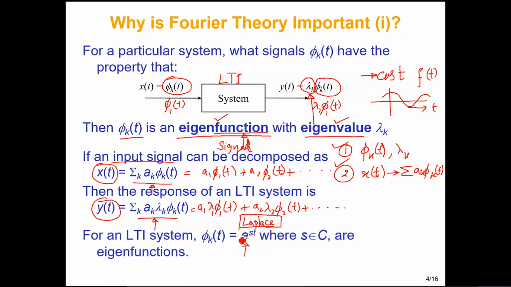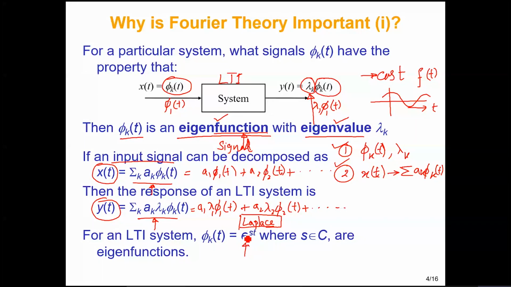So this is not one eigenfunction, this is a whole series of eigenfunctions, because we can have any complex number here, and the complex exponential that results would be an eigenfunction. So we can have a whole infinite number of eigenfunctions. Just put s as 1 plus 2j, so that is one eigenfunction, or 2 plus 8j, or whatever.